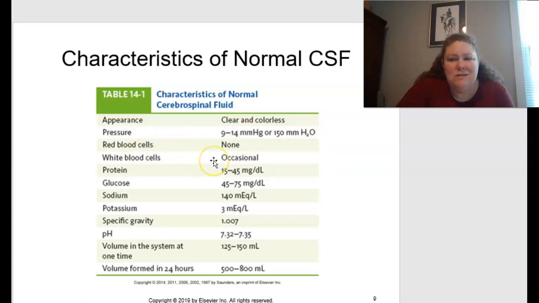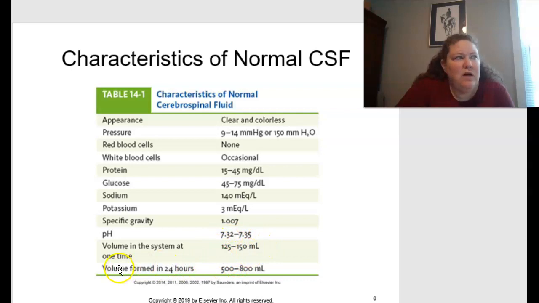White blood cells only occasionally, usually if you're fighting off something, so that's why it's used as a diagnostic test. Your protein, sugar, and salt concentrations and potassium are normal. Then your specific gravity, your pH is right around 7.3, and the volume at any given time is only 125 to 150 milliliters.